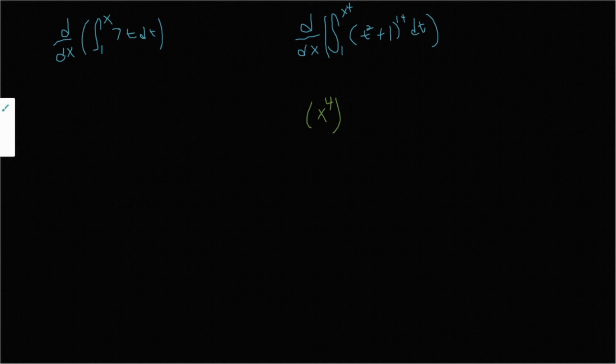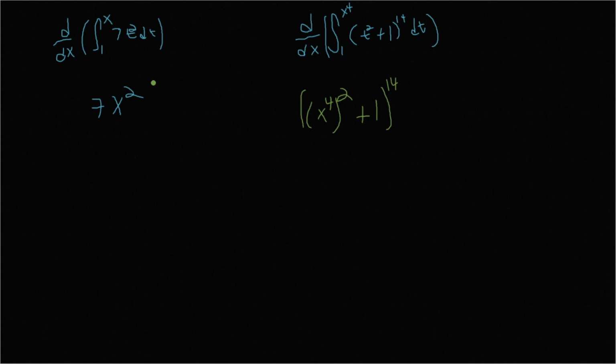If this had been something like t squared, we would have put 7x squared, because we would just replace the t with x. But in here, we have x to the 4th squared, and then plus 1 to the 14th. If this was all we had to do, we would be done.